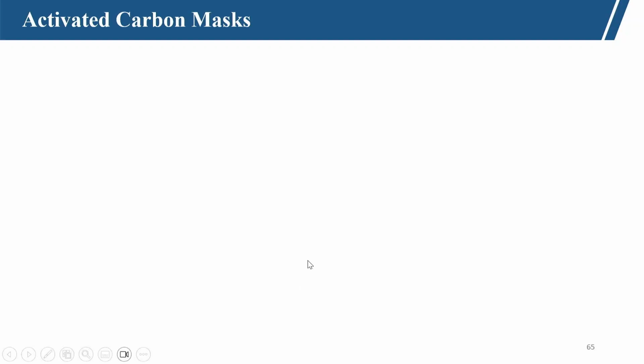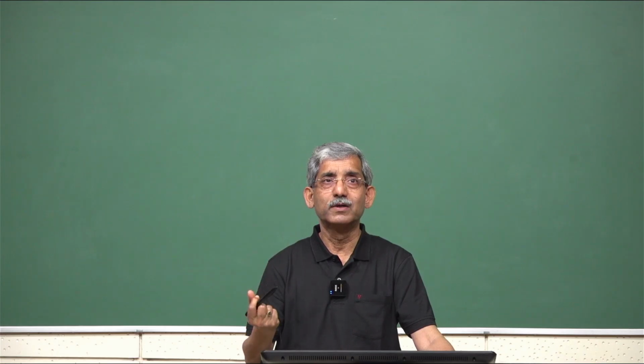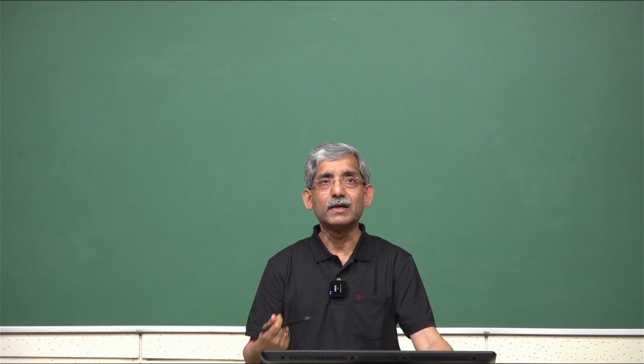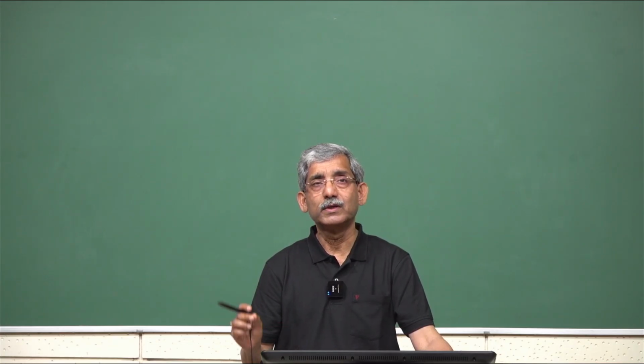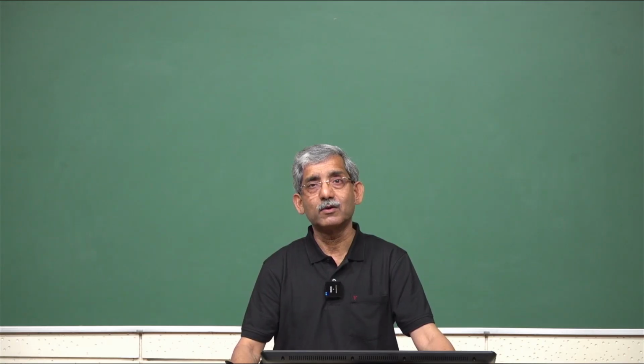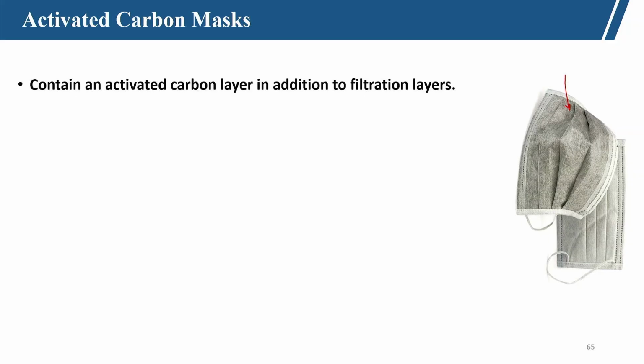Also, in addition to the nonwoven, if we want to absorb volatile chemicals or poisonous chemicals, we can use activated carbon. So activated carbon masks are available, containing an activated carbon layer in addition to the normal filter layer.